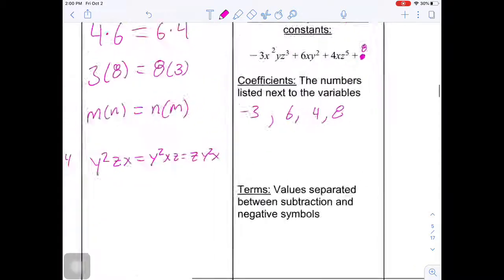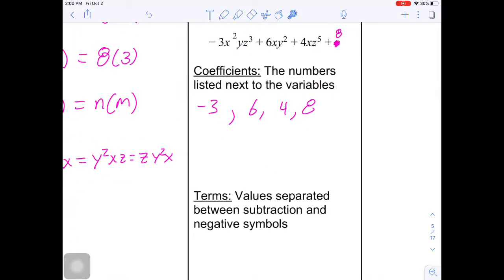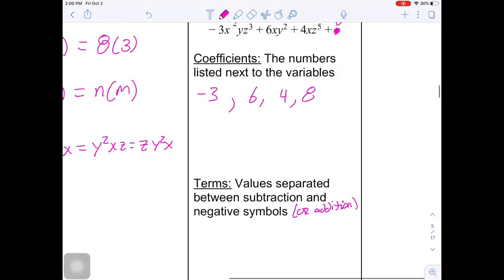What are the terms? Terms are numbers that are separated by subtraction or negative symbols, or addition symbols, okay? So in this case, this is one whole term, this is another whole term, this is another whole term, and this is another whole term. They're separated by addition or subtraction symbols. In this case, they're all addition, but it also includes subtraction. So here, what are our terms?